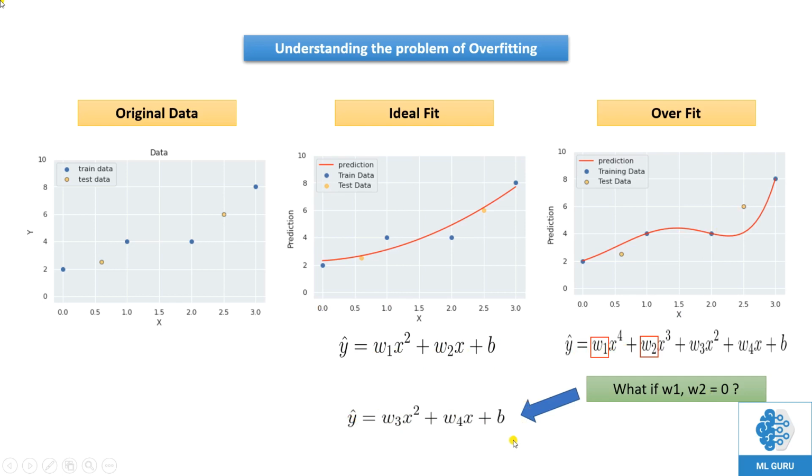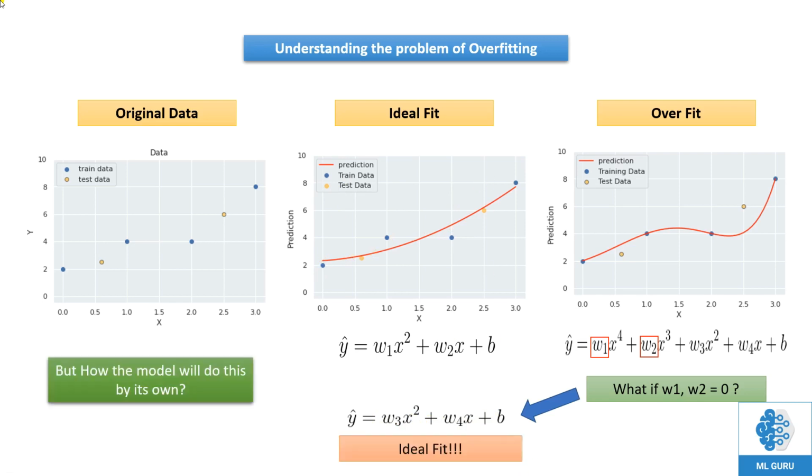Of course, the W3 and W4 parameters and the bias will be trained so that it will fit the data, and since it is also a quadratic equation it will also be an ideal fit. But I have explicitly set the values of W1 and W2 to be equal to 0.